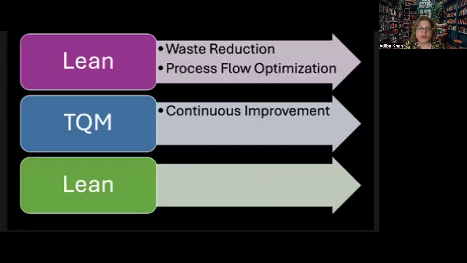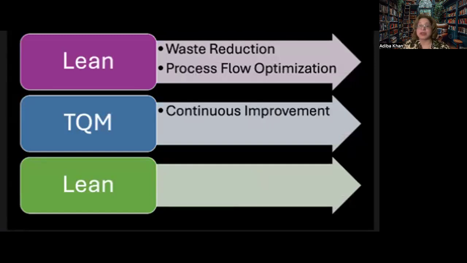So while all three, total quality management, Six Sigma, and lean, are aimed at improving quality and efficiency, lean focuses primarily on eliminating waste and optimizing process flow. Six Sigma is all about reducing defects and variations through data analysis.